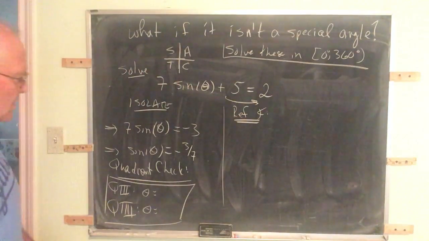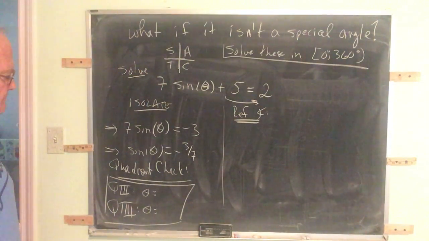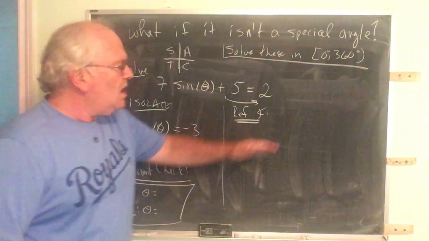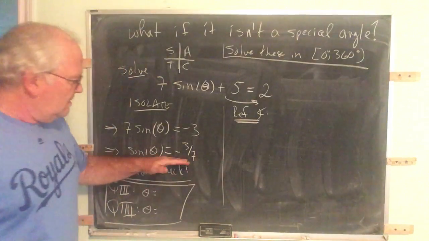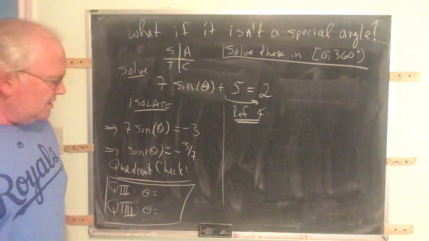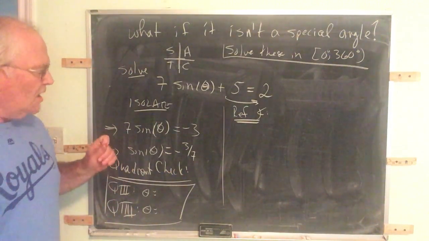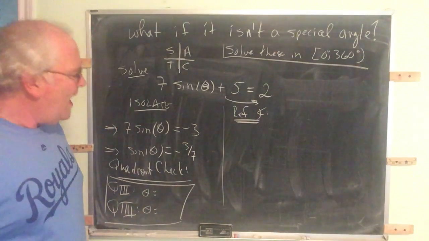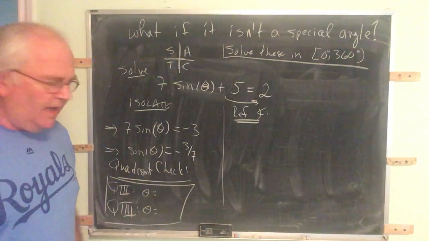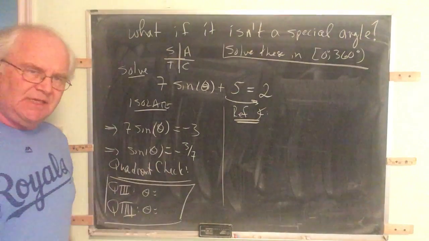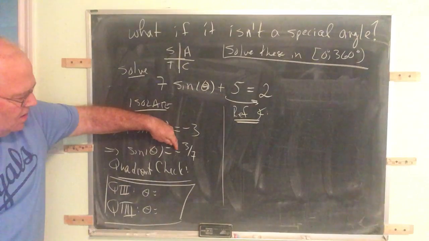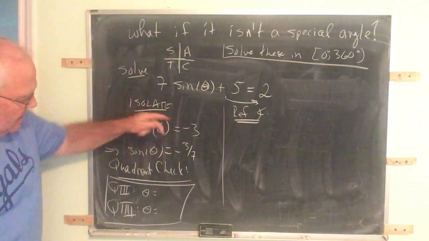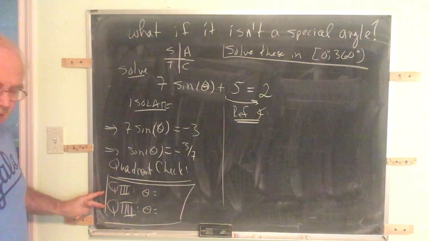So, reference angle. Now the difference here is that before, we found the reference angle from the special triangles. 3 over 7 is not one of the special values, so we need to find this using the calculator. And now something's going to come into play that we've been saying all along and it hasn't seemed like a big deal. The only place we use this negative sign is in determining the quadrants.